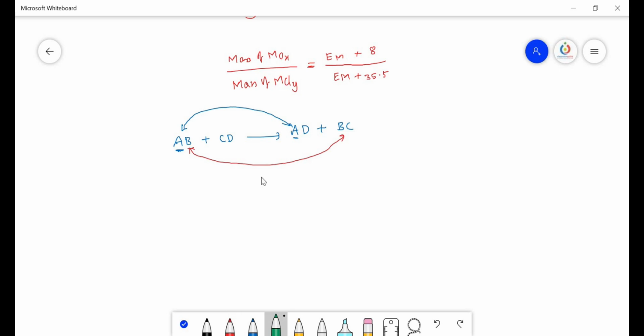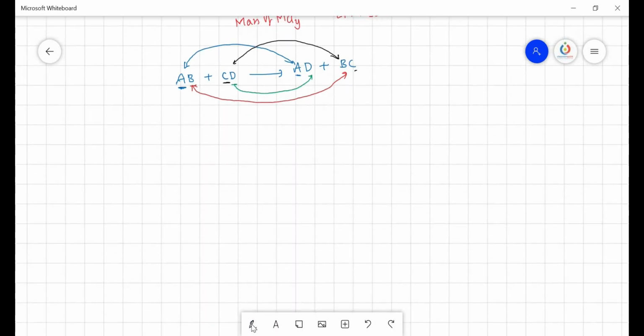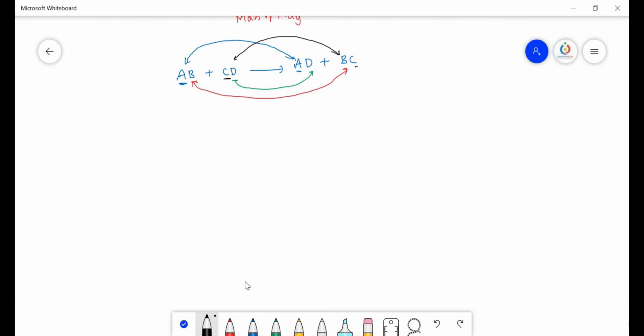If you want the equivalent mass of D, you need to relate the two compounds where D is present. Or if you want to know the equivalent mass of C, you need to relate these two compounds. So we shall write about each and every one of these, which may give you a proper idea. Let us know about the equivalent mass of A first.